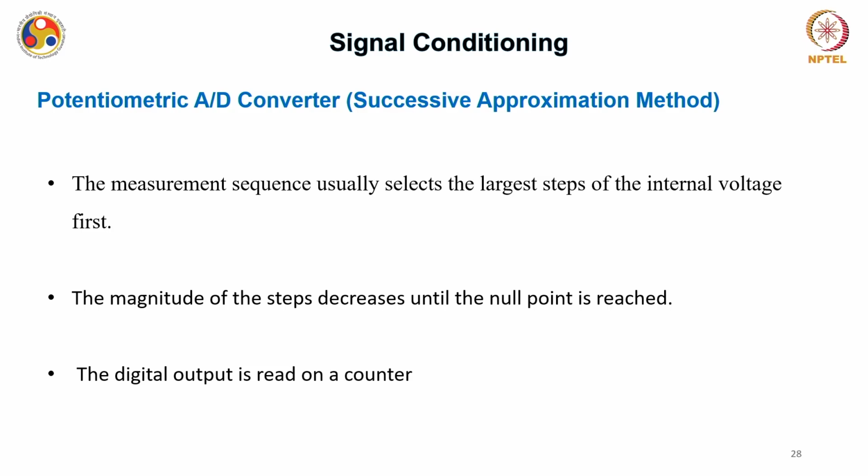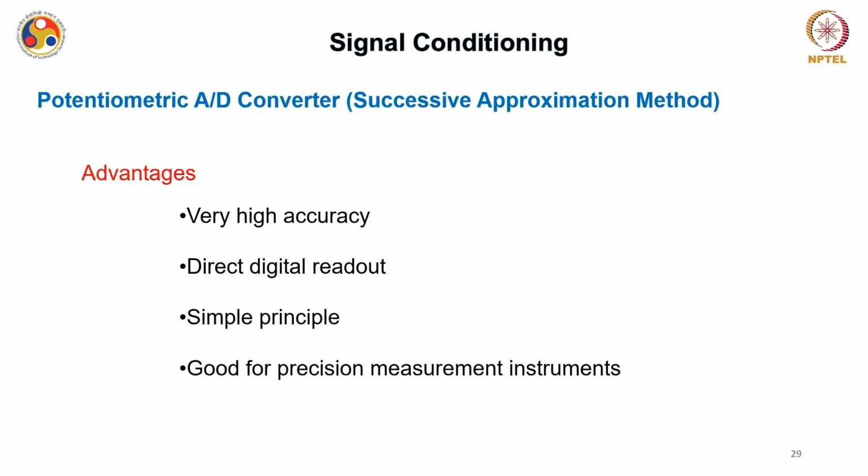Now the digital output is read on the counter that we have just seen. This potentiometric AD converter has a very simple principle of working, but very high accuracy, and this is one of the advantages of this potentiometric AD converter based on the successive approximation method.